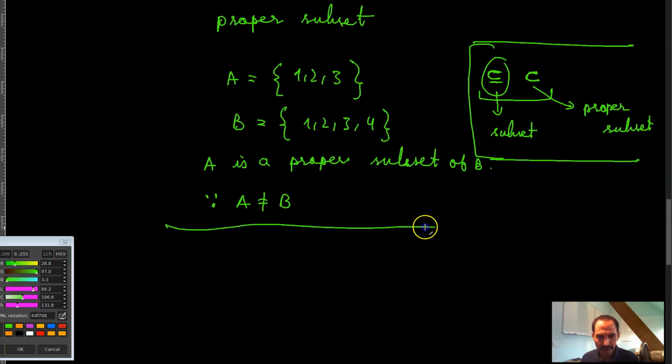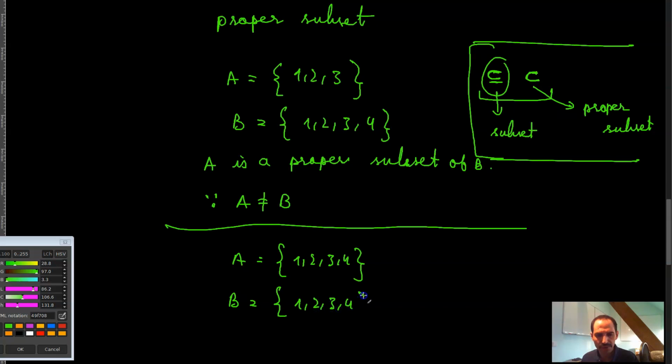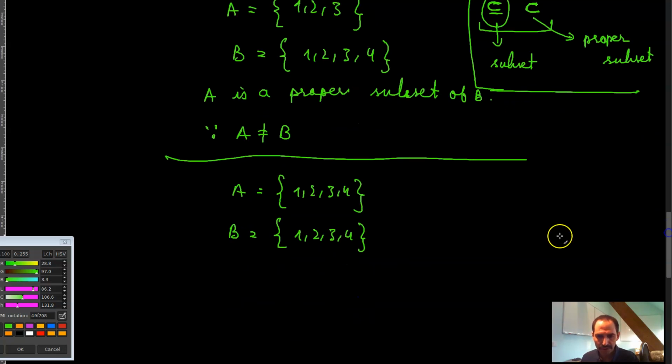But in this case, for example, if A is equal to 1, 2, 3, and 4, and B is equal to 1, 2, 3, and 4, of course you can say that A and B are equal sets, and you can say that A is a subset of B or B is a subset of A, because any set can be the subset of itself. Now in this case, you cannot call A a proper subset of B because A is equal to B and B is equal to A, or say that B is a proper subset of A.